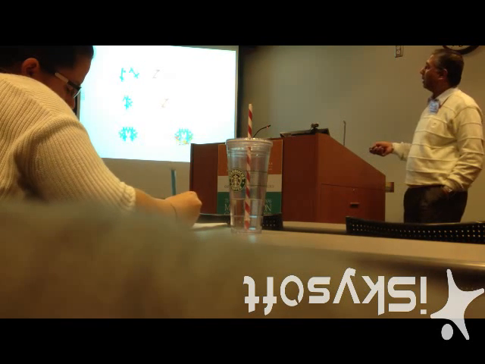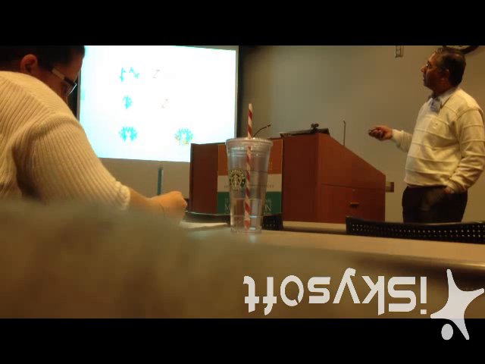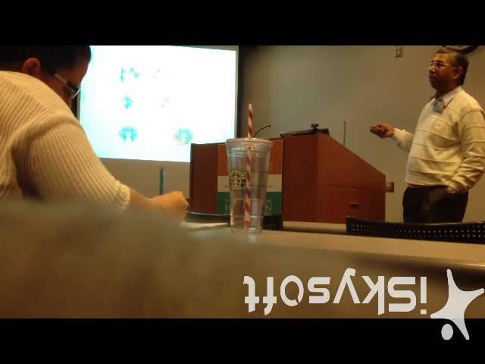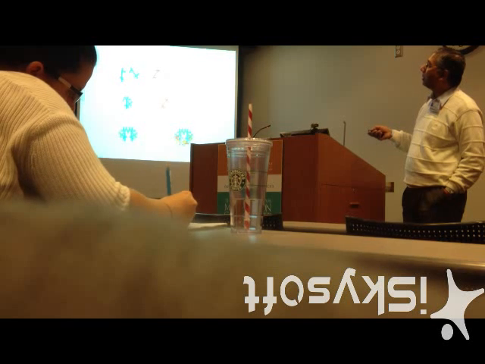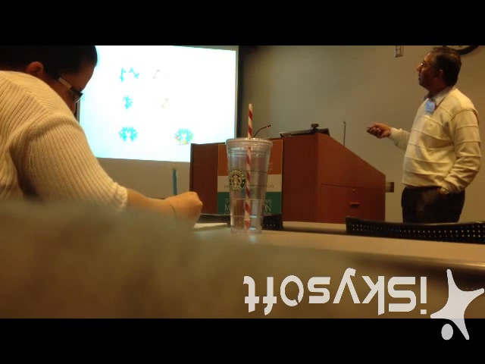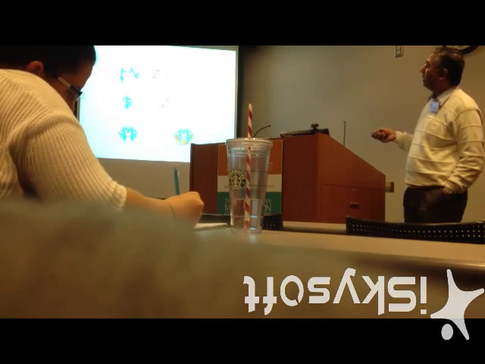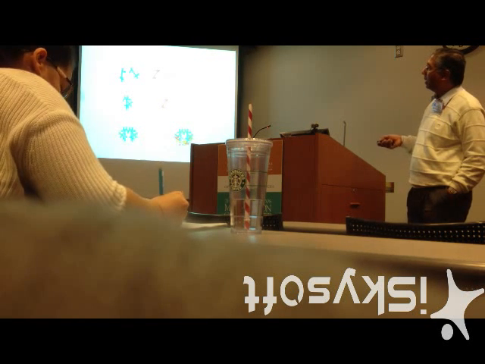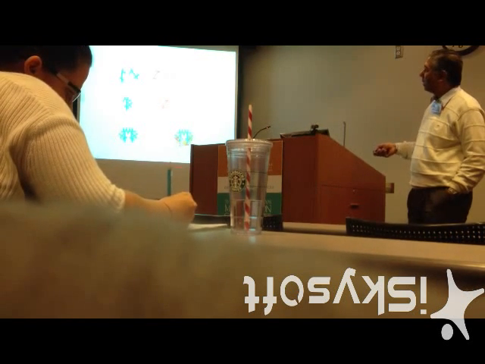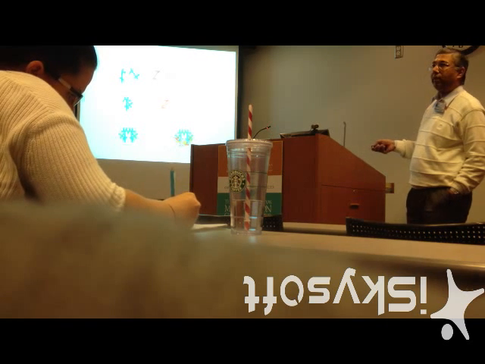And this is how they are organized. This is the amino terminal histone tail of H3. This is the amino terminal histone tail of H4, and similarly of H2A and H2B. These form dimers and then tetramers, and then these two sets of tetramers come together to form the histone octamer.